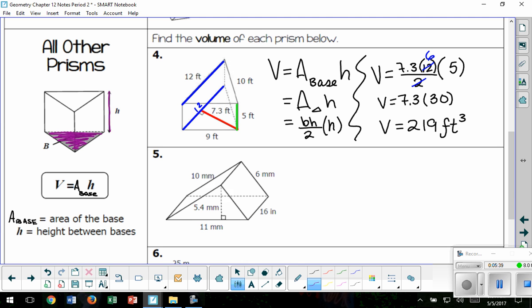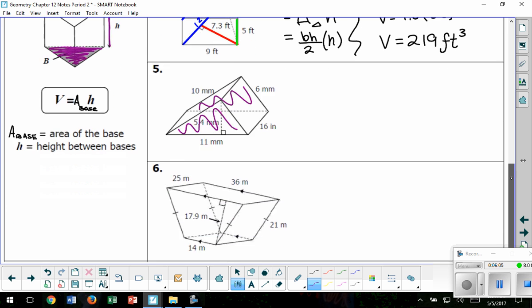On number 5, what is the base? The base is a rectangle. 2 triangles. You have to remember the bases are going to be parallel. So this is parallel to this one in the back.